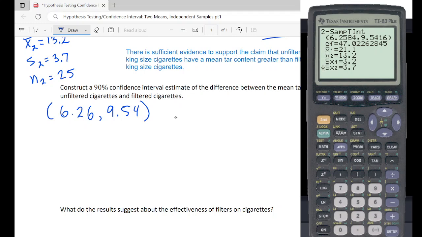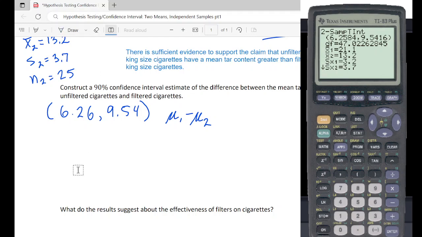And we get this from the fact that the first mean subtracts the second mean. So since our values are all positive, that means that the mean of the first has to be higher than the mean of the second, which makes sense because the first is unfiltered and the filtered is the second group. So we should have all positive numbers in our interval, which is what we have.